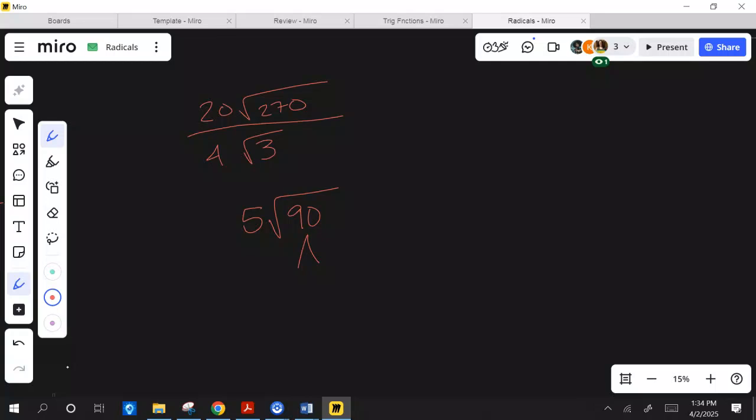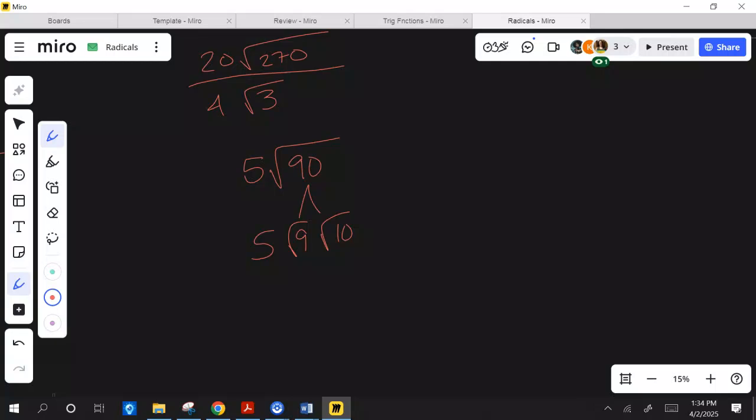Okay, Sawyer, 90. Perfect square. What can you divide 90 by? 9 and 10. That's exactly right. Why do I use 9 and 10? Because what is the square root, Max, of 9? 3.